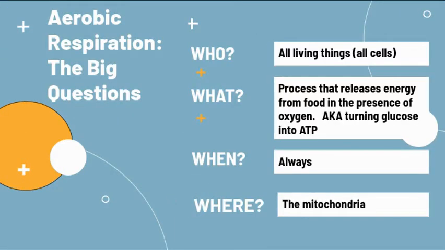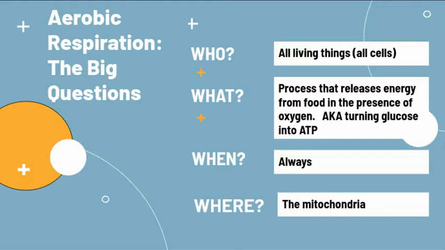So what is aerobic respiration? This goes back to cellular respiration, which we said at the very beginning on our first slide is the process that releases energy from food in the presence of oxygen. So, AKA, it's turning glucose into ATP. So glucose is our sugar, that's our food, and it's turning it into energy, which is ATP.